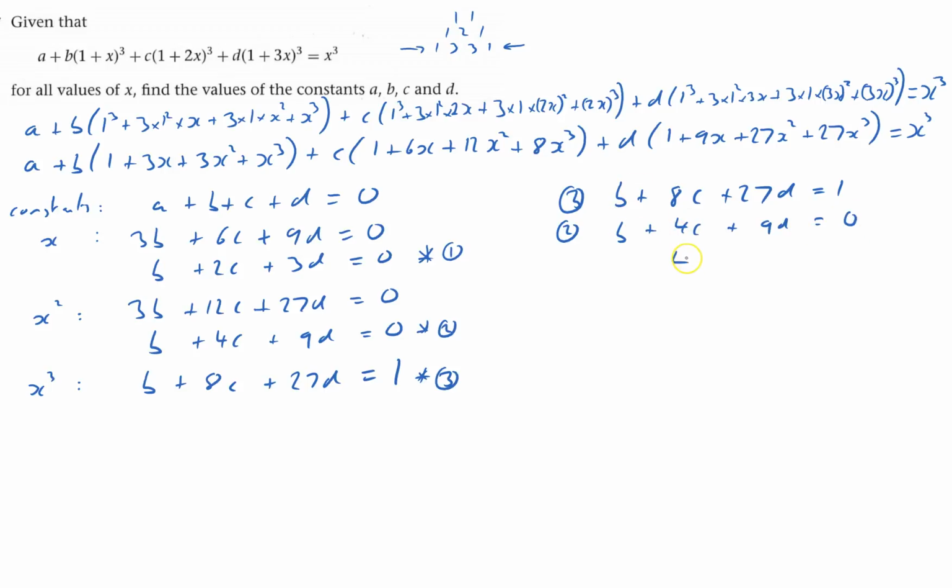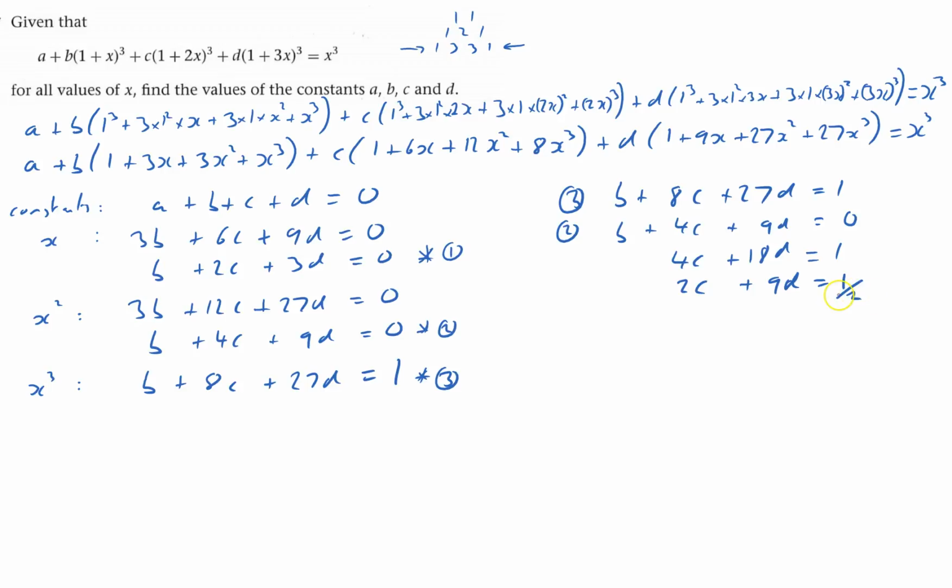Subtract that one, gives me 4c plus 18d, and that equals 1. Not divided by 2, so 2c plus 9d equals a half.